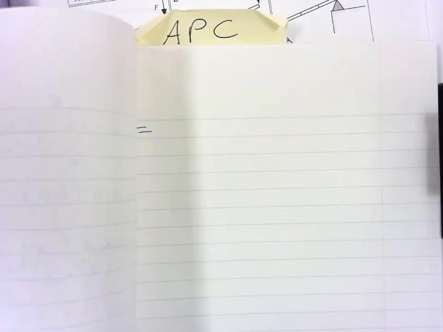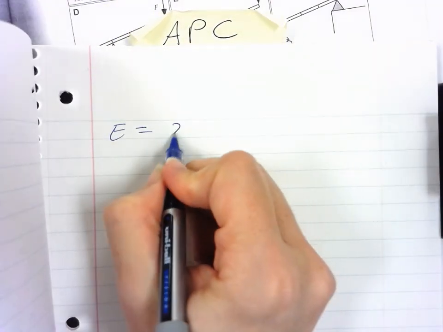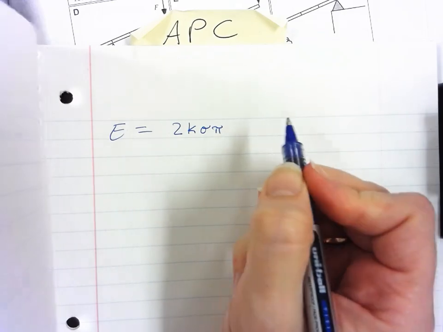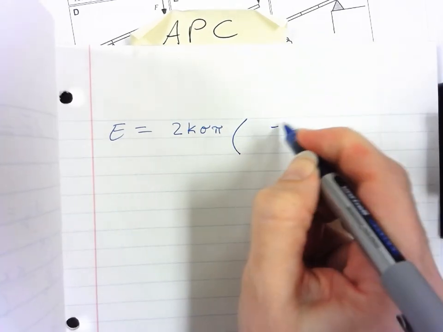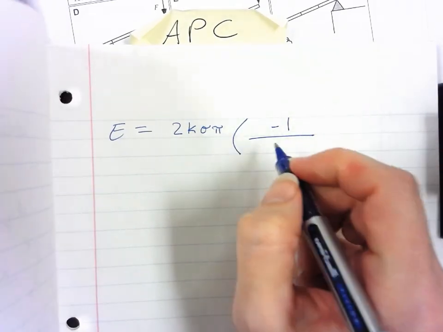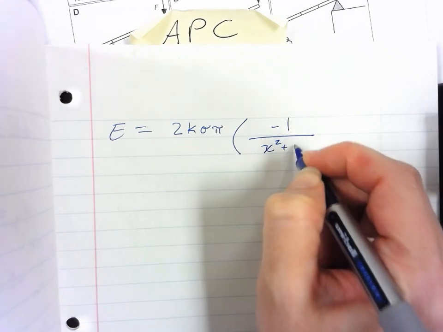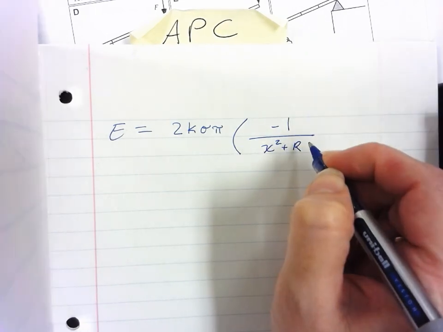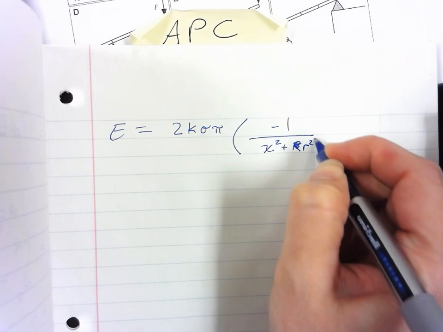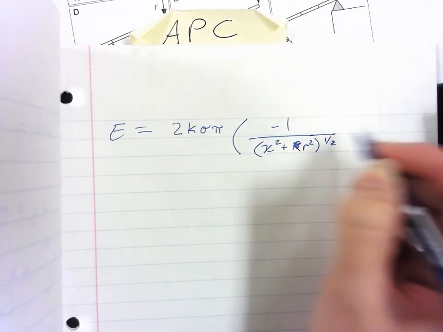So turn the page. E equals 2k sigma pi times negative 1 divided by u to the 1/2 power, so x squared plus little r squared, all to the 1/2 power.